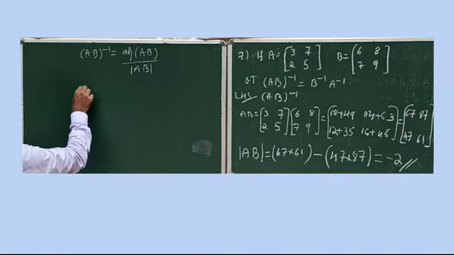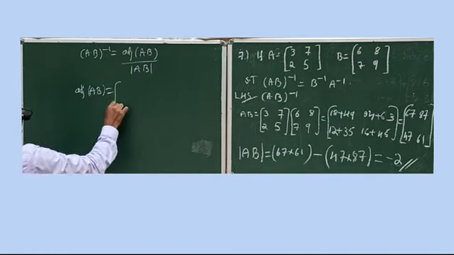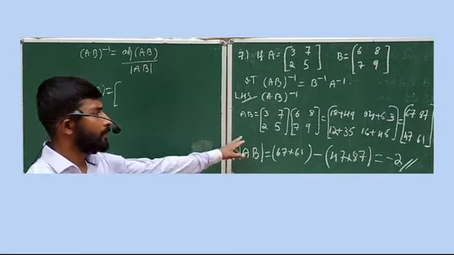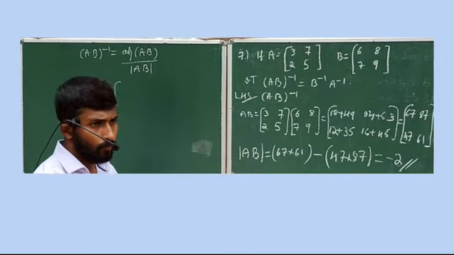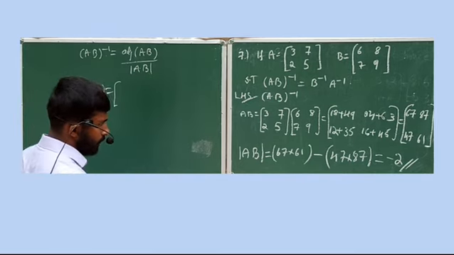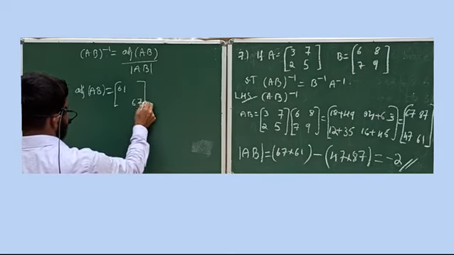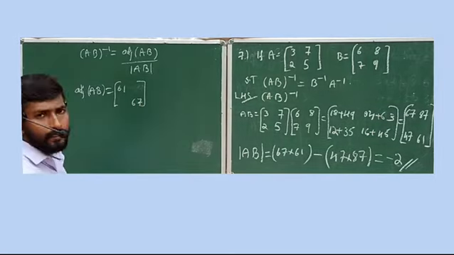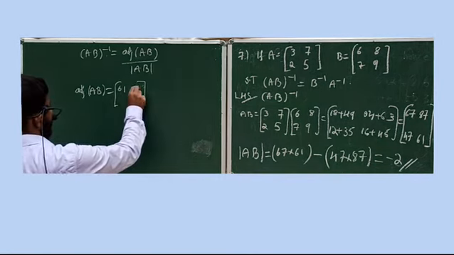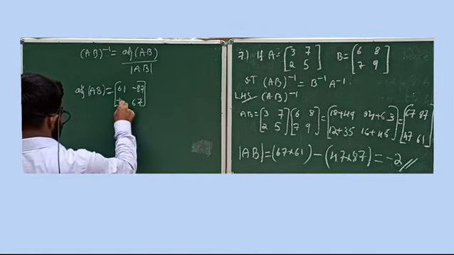So you need to calculate adj of AB. See the AB. AB is a square matrix of order 2. How to get adjoint? Interchange the diagonal entries. We'll get 61 here, 67. Interchange the sign of the non-diagonal entries: minus 87, then minus 47.